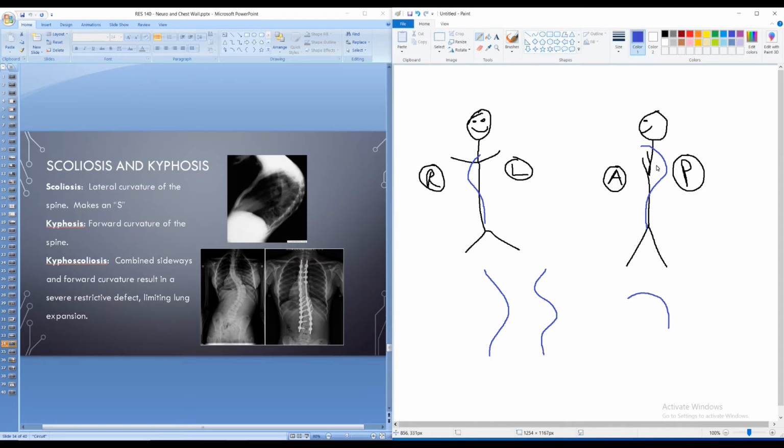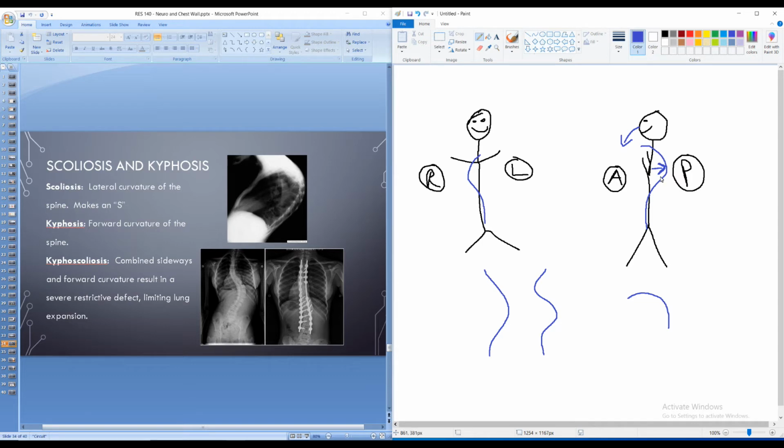This spine right here curves towards the posterior. That means this patient's head moves here towards the anterior. So forward curvature of the spine. That might be a little confusing. I'll just restate it one more time. So they're like this patient right here, their head inevitably ends up forward. That's the kyphosis, but it's because there is intense posterior curvature of their spine. Their spine is curving towards the posterior and it's forcing their head forward.